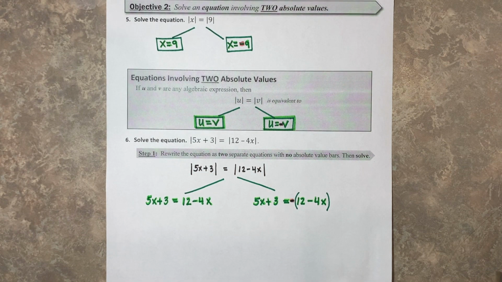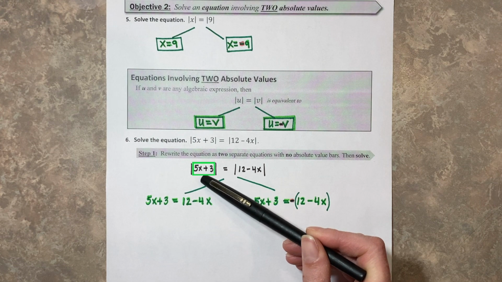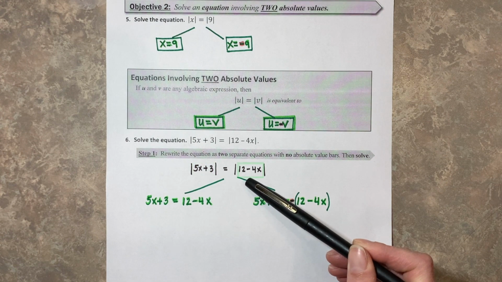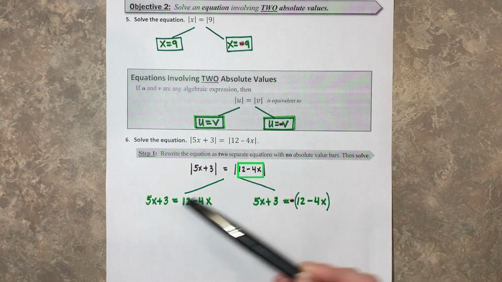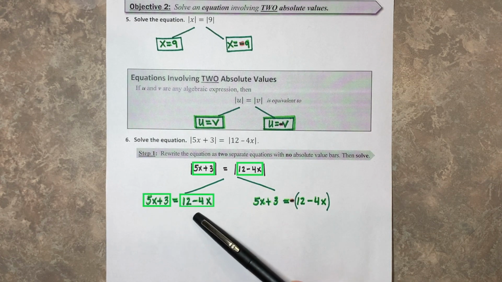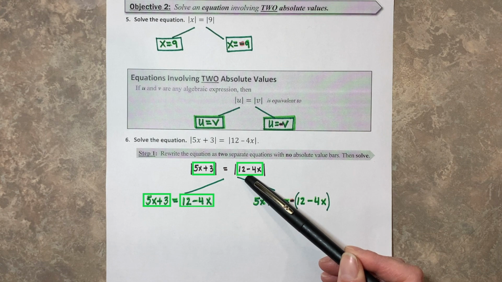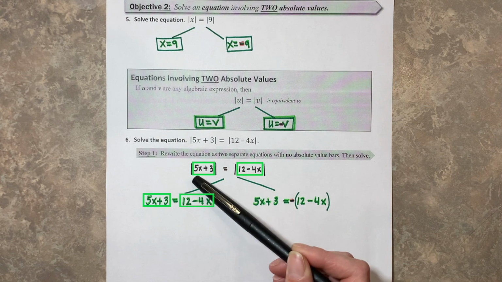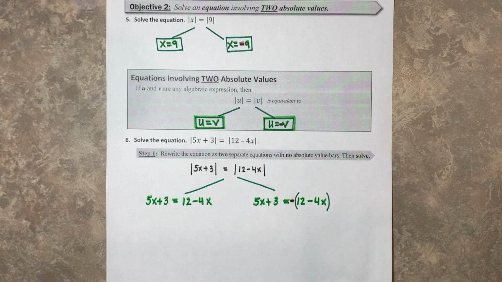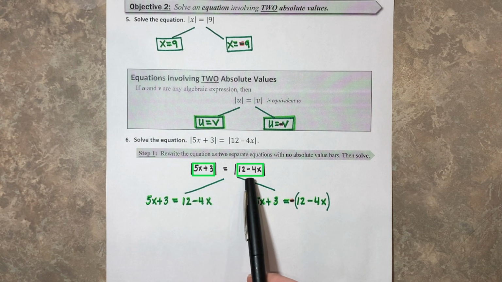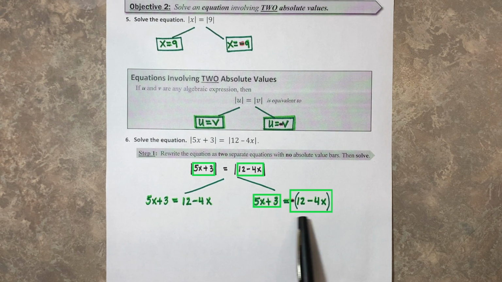Now, why will these two equations give us solutions for this problem? Well, let's think about it. If this quantity inside the absolute value bars is equal to this quantity inside the absolute value bars, which is exactly what we've just written right here, then you would be taking the absolute value of two identical quantities. So that would give you a true statement. This side would be equal to this side. The other possibility is if these quantities inside the absolute value bars are equal but opposite in sign, which is what we just wrote here.